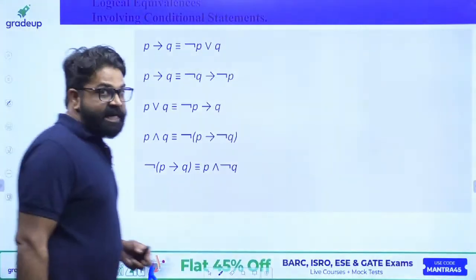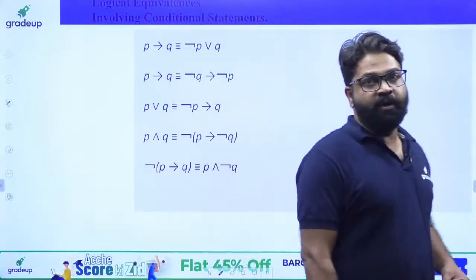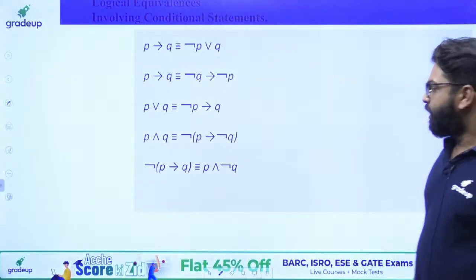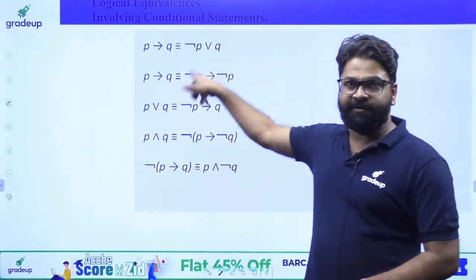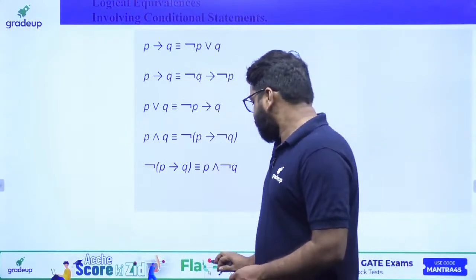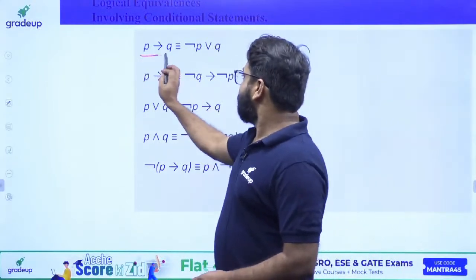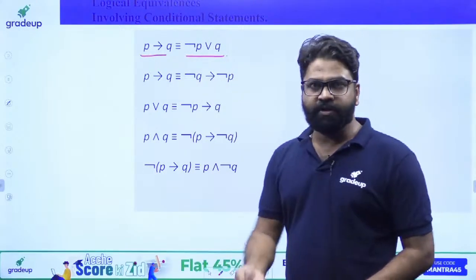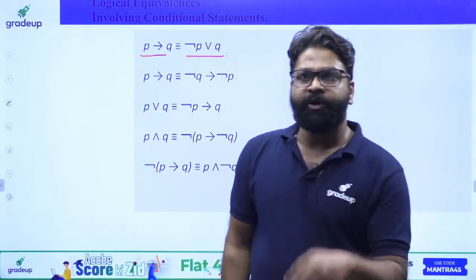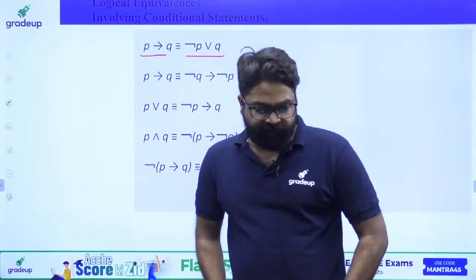Now here the logical equivalence, and that is related to what? That is related to the single implication. So we just have to understand the first one. If we can understand the first one, we can understand the whole thing. Suppose how these things are equivalent. You can understand from two points of view.